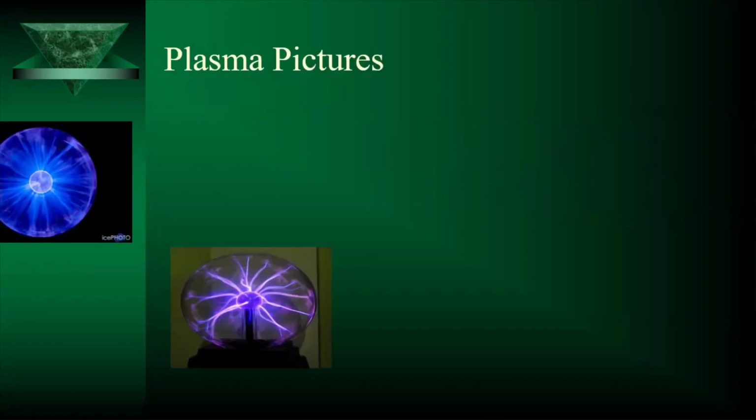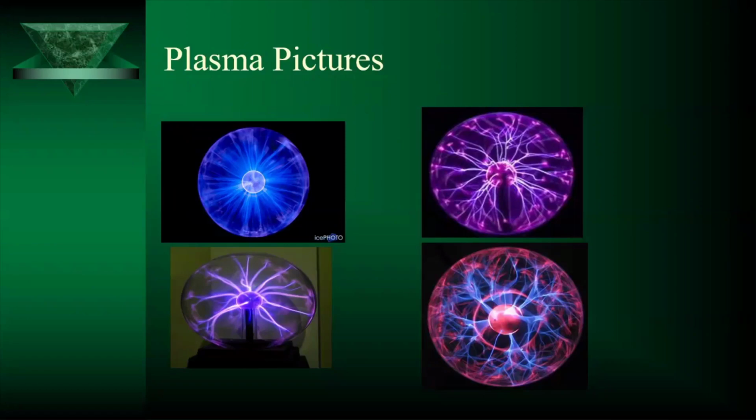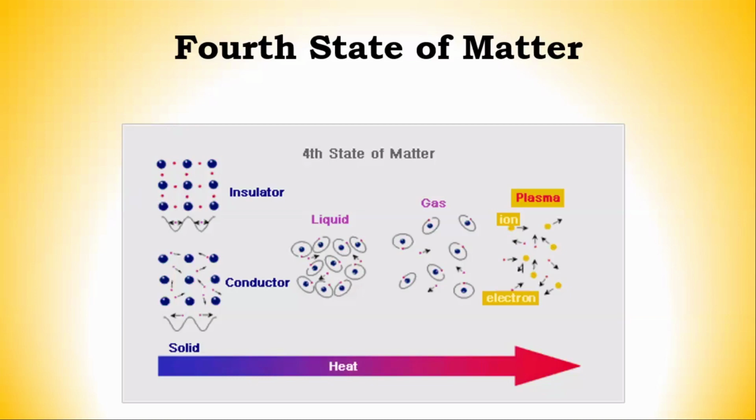These are a few features of a plasma, how the plasma looks. Now we know plasma is the fourth state of matter. Say for example, in the solid state, we have an insulator and conductor. The atoms are tightly bound with each other, closely packed. When we heat the solid, it gets converted to the liquid form, where the bonding between the atoms becomes weak.